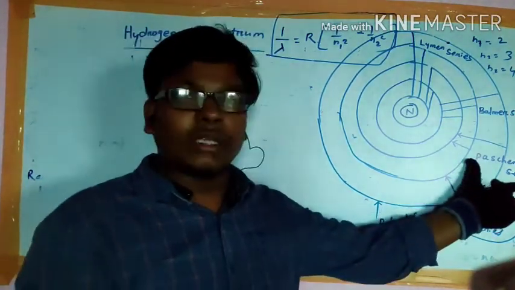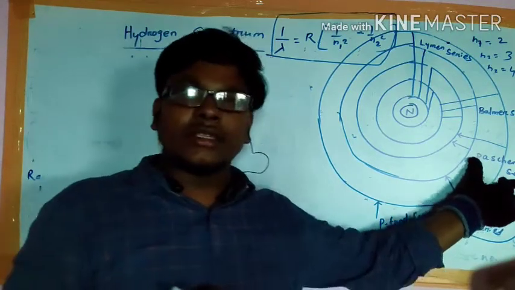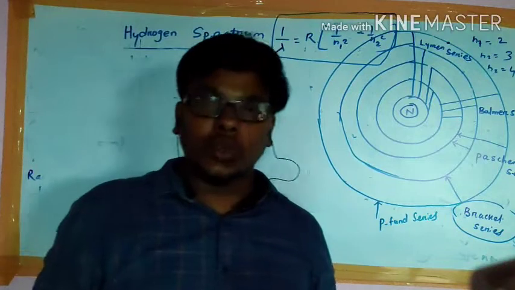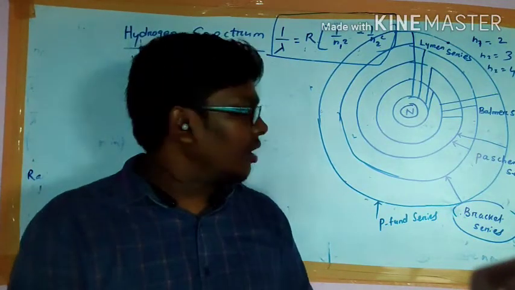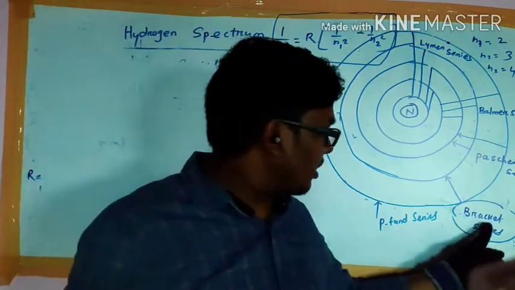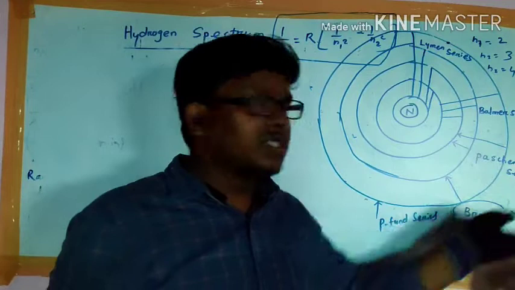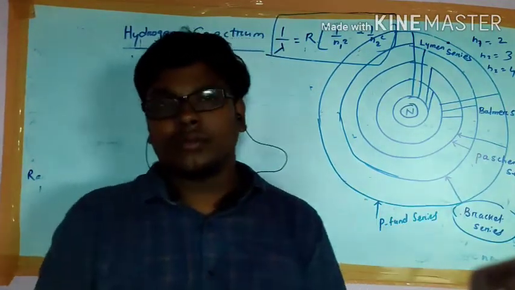So here is our Paschen series. Remember, in the Paschen series the radiation spectrum belongs to the infrared region. After which we will calculate Brackett and Pfund. These three series belong to the infrared region.